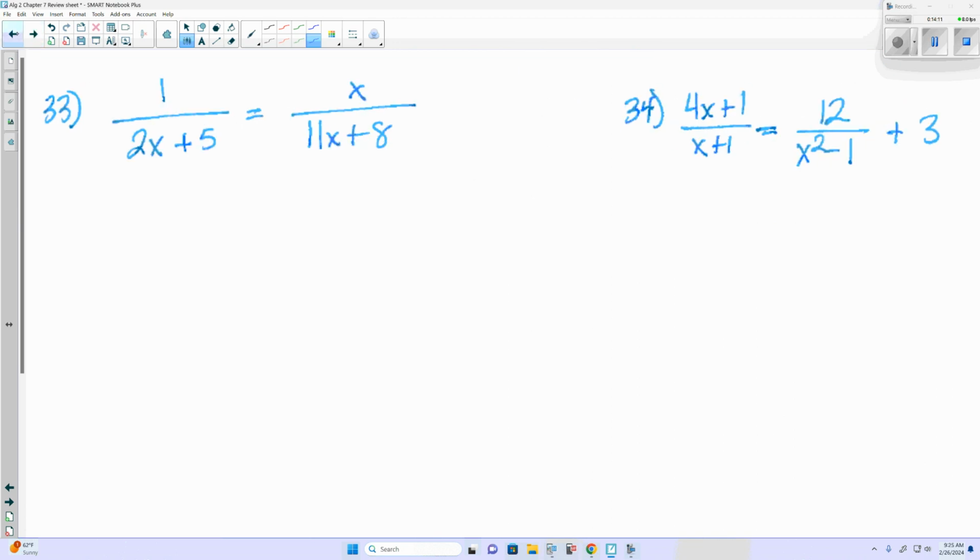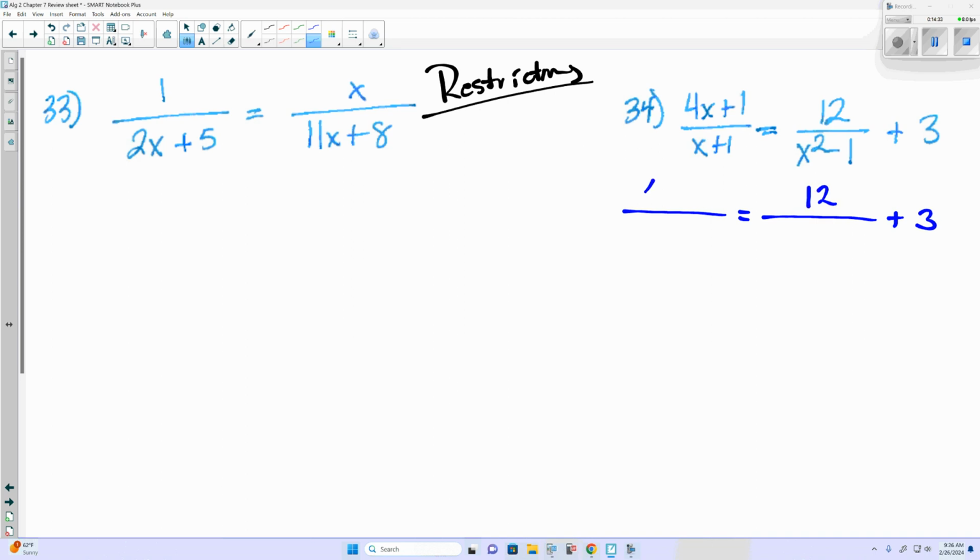Let's look at 34. Now, we can look at restrictions for this one here, but before we do, if one of the denominator's factors, we need to factor it.